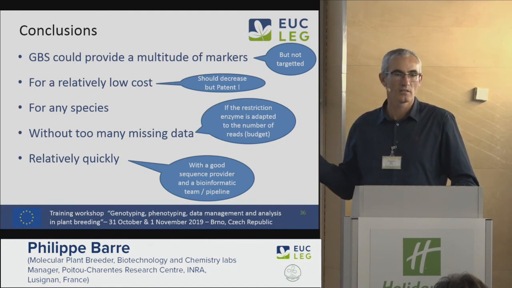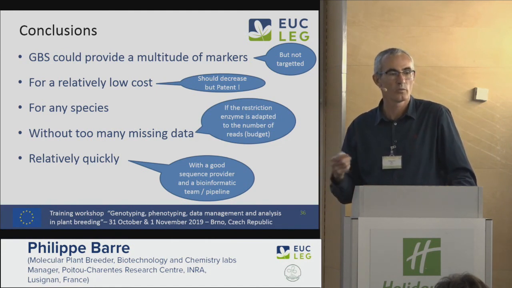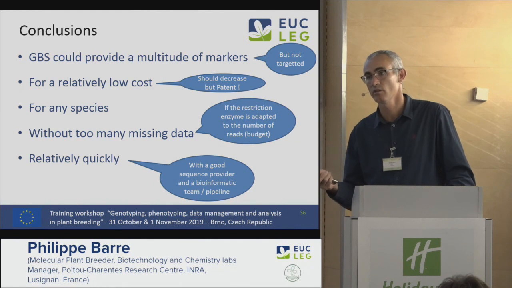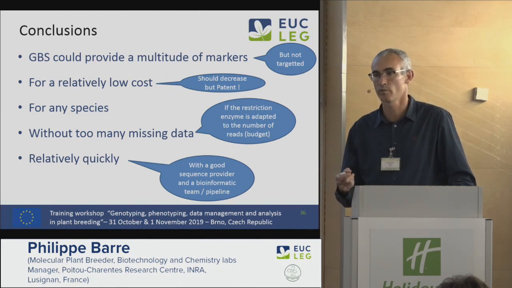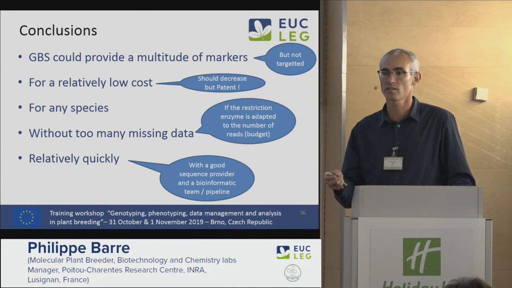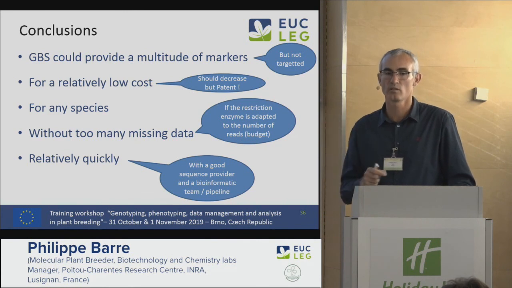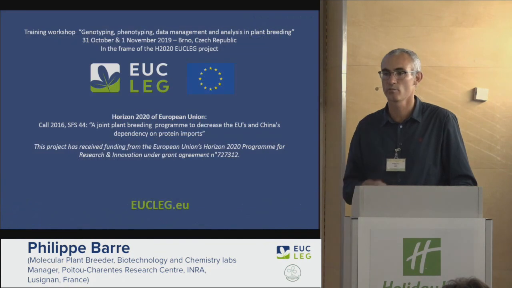We do the bioinformatics in-house, but this is also something the sequence provider can provide, the bioinformatics, and give you the genotypes. But please, again, if you do that, ask how they interpret their read numbers. You want to know exactly what they do with that. And on that, I think I thank you very much for your attention.